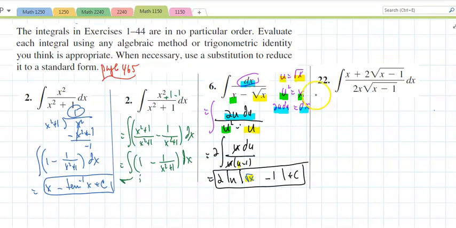22 is next. At first glance, you might think 22 is a bit too challenging of a problem. Well, it is somewhat. If you don't see that, probably it's best to split those.